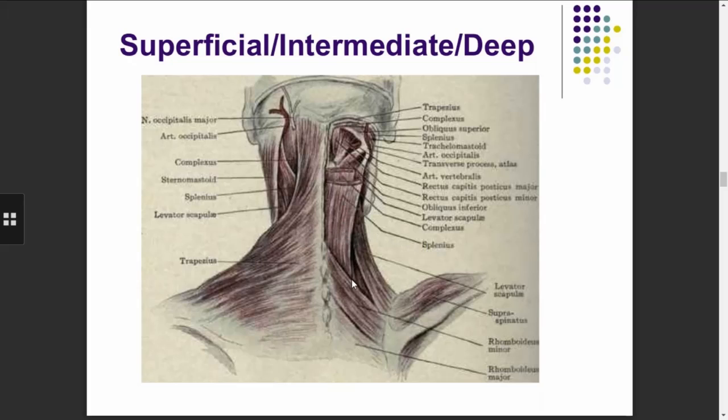If I give an example, trapezius lies in the superficial layer, splenius in the intermediate layer, then deep to the splenius we have other muscles like rectus capitis and many others.